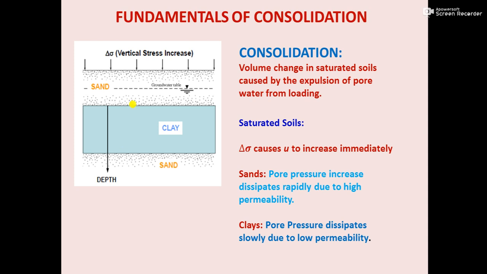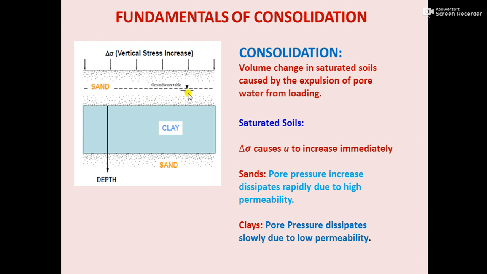Now when there is an increase in this delta sigma, try to understand very clearly what will happen. Because of this increase in delta sigma, this pressure will first come to the water in the sand. The pore spaces in the sandy soil will also be filled with water, and the delta sigma stress will be coming to this sand.